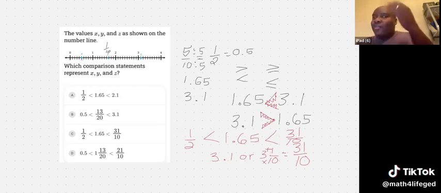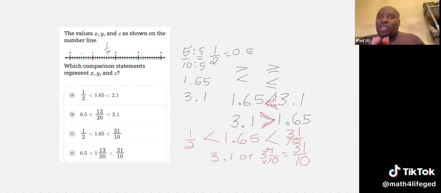So you can simplify it. 5 over 10 simplified by 5, which is the greatest common factor. We'll talk about that soon. So we divide both the numerator and the denominator by the greatest common factor, the GCF. And then we get 1 over 2, or 0.5.